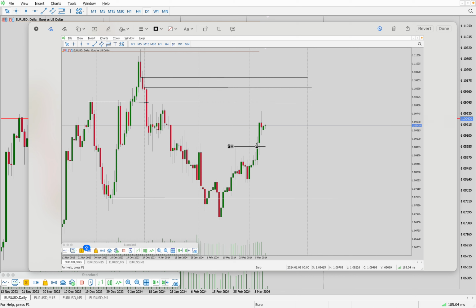I'm going to take the close of this up close candle and I'm going to take the close of this down close candle and I'm going to call this entire area in here... What form of imbalance is it?